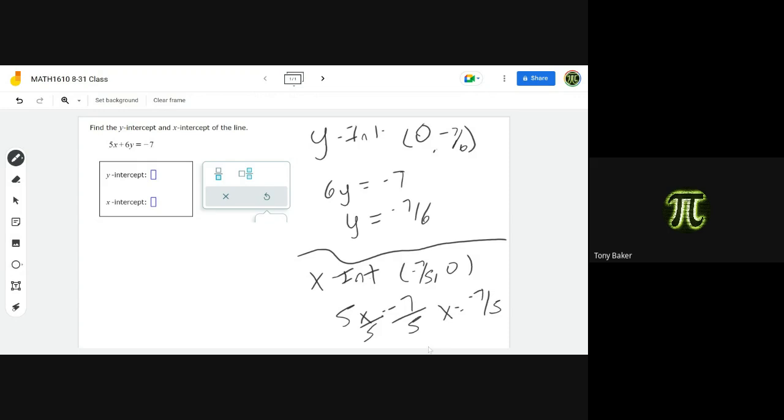We'll go back up because I want to do one more domain one. Find me the domain of this function. All right.